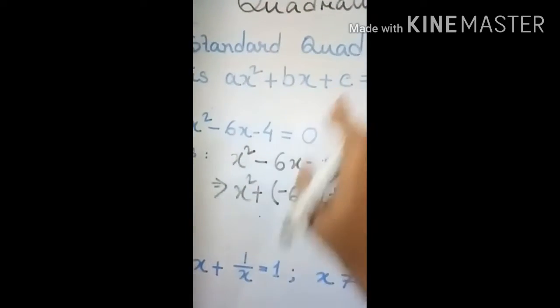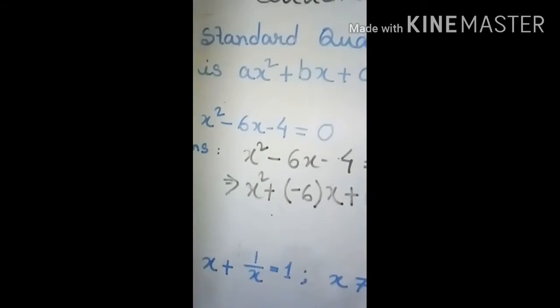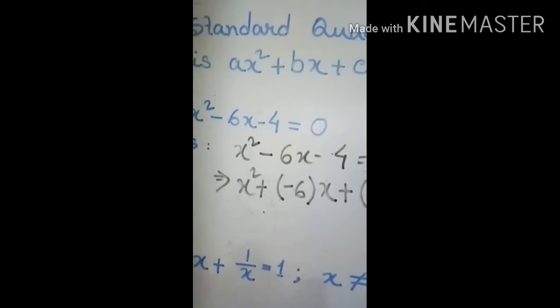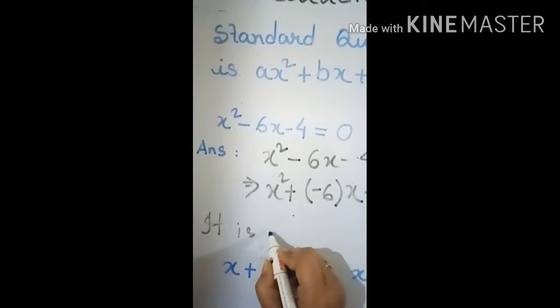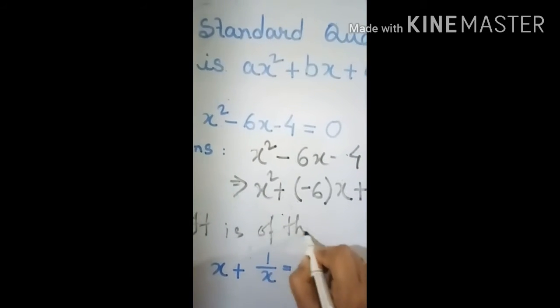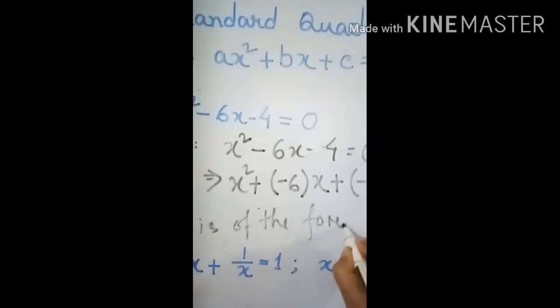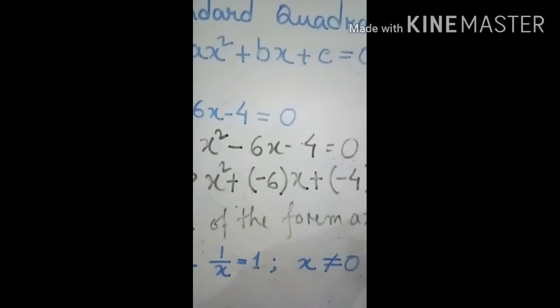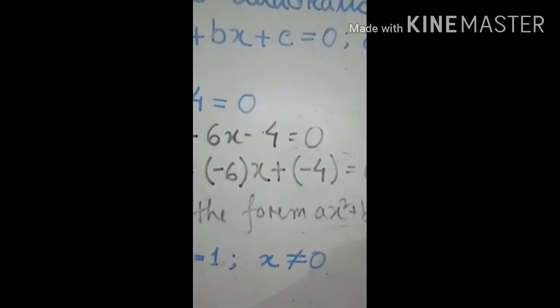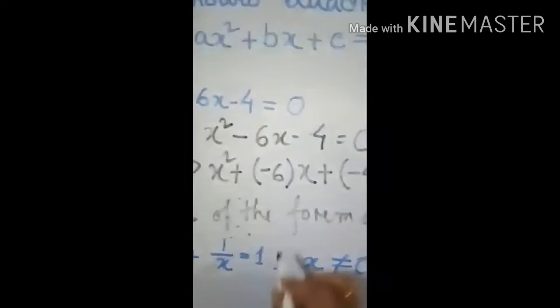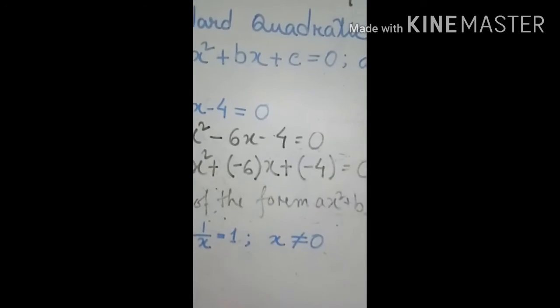So a, b, c are integers where a not equal to 0, so it is a quadratic equation. Then we will write down it is of the form ax square plus bx plus c equal to 0. Therefore it is a quadratic equation.